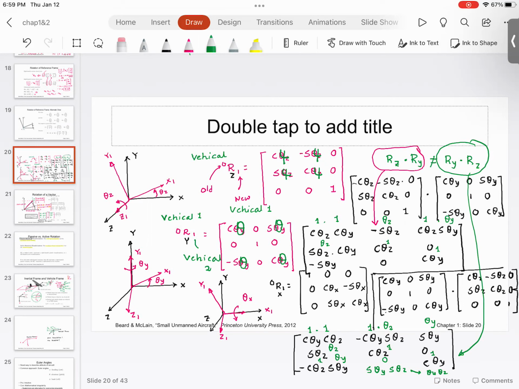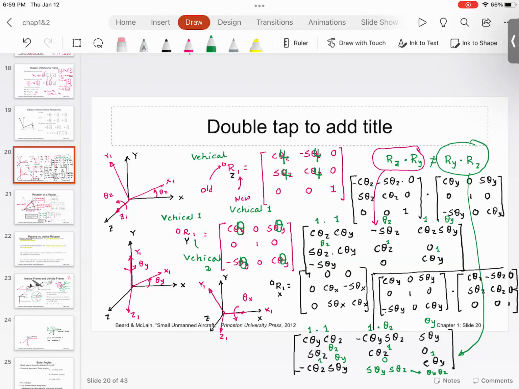So now what I did is exactly like a spherical wrist. The first rotation is about Z. The second rotation is about Y because the aircraft is pitching. And the third rotation is about X, where the aircraft is rolling.